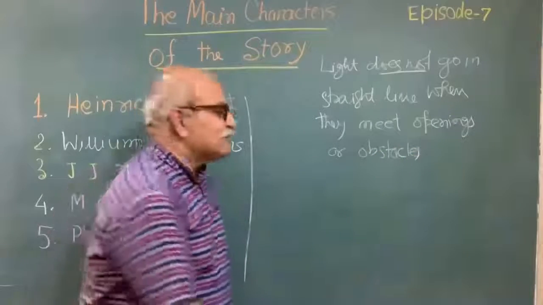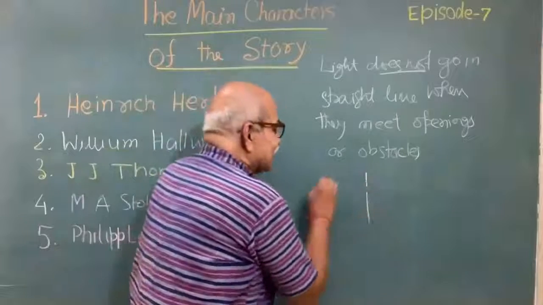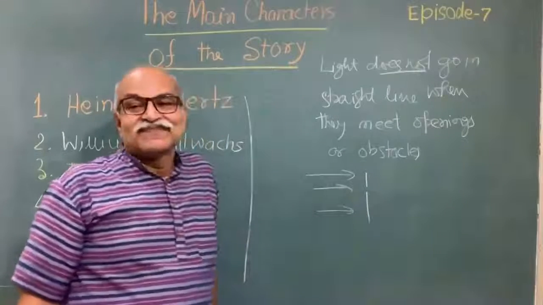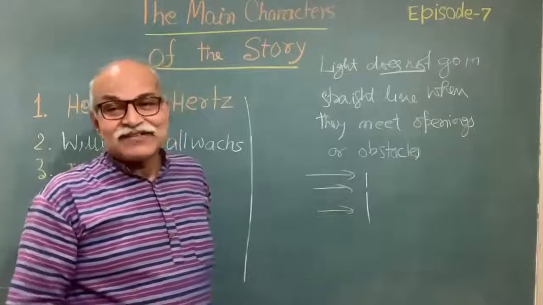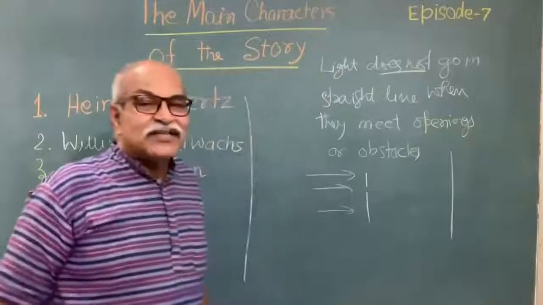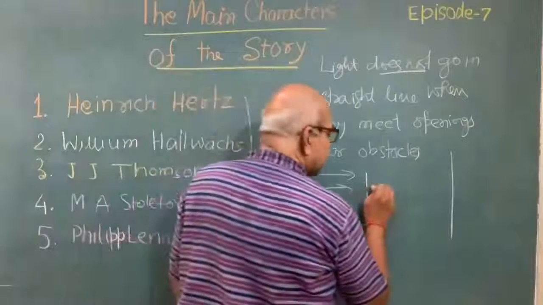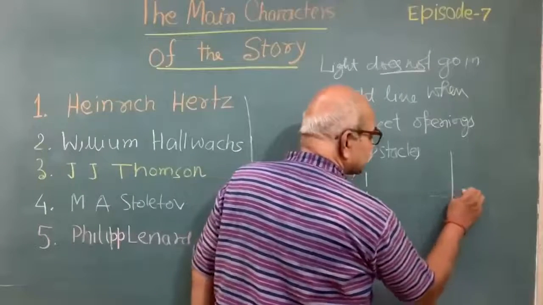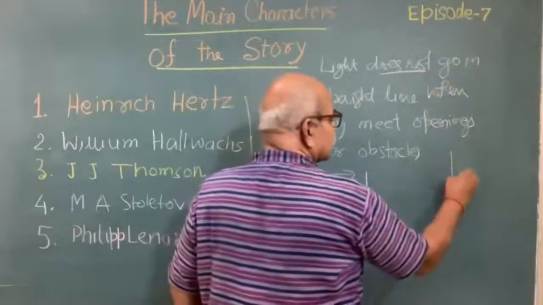If you have a small opening here and a parallel beam of light comes, monochromatic, one color, what happens? A class 7 textbook will say that, very good, you will have a bright patch here and the rest will be dark.